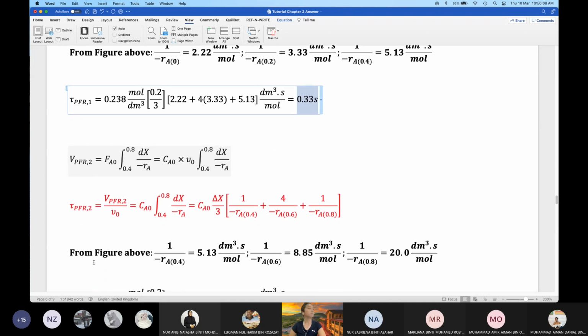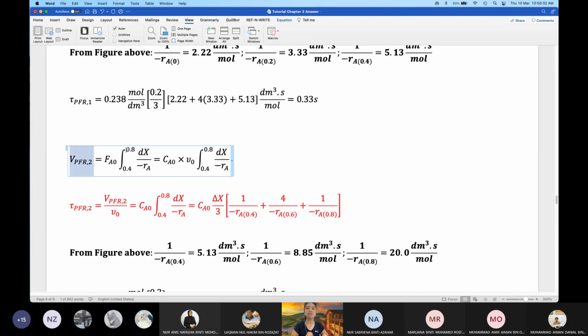So what is the difference? The concept is the same. We start from the same equation, volume PFR2 equals FA0, this is the original design equation, integrating from 0.4 to 0.8, because the second reactor integrates from X1 to X2, 0.4 to 0.8, dX per minus RA.